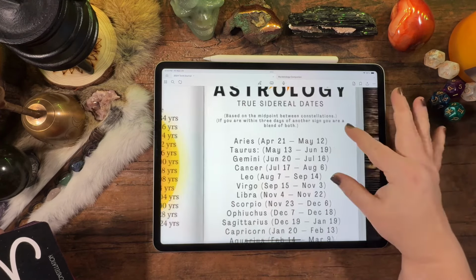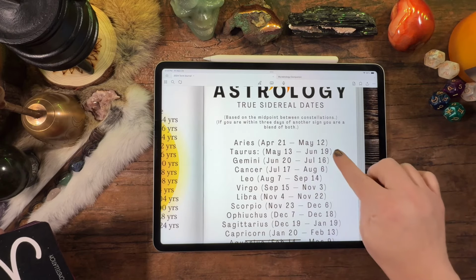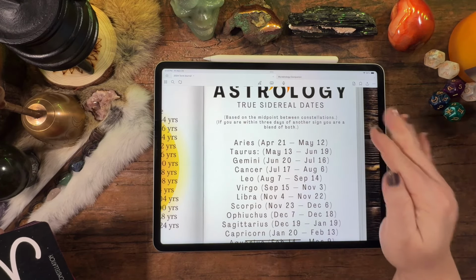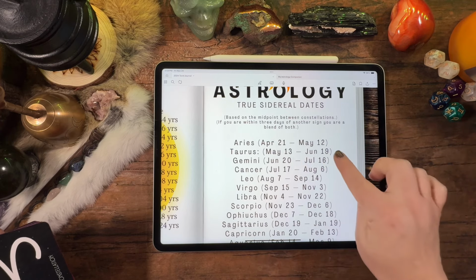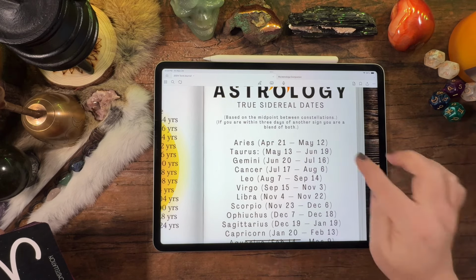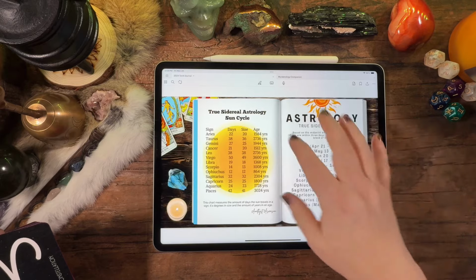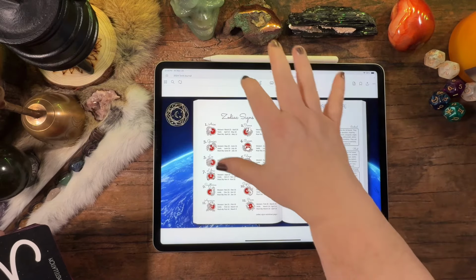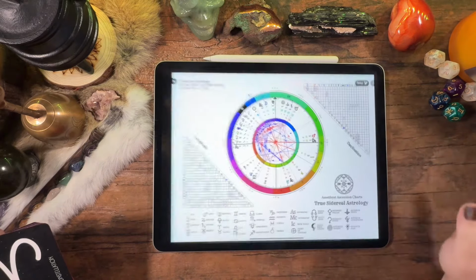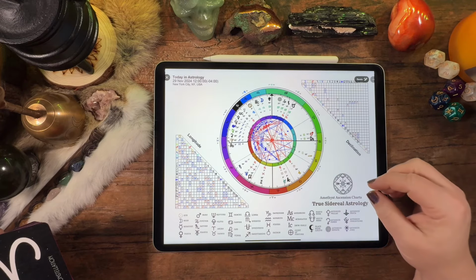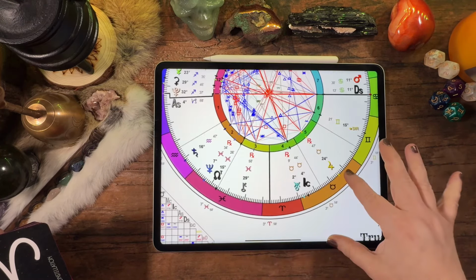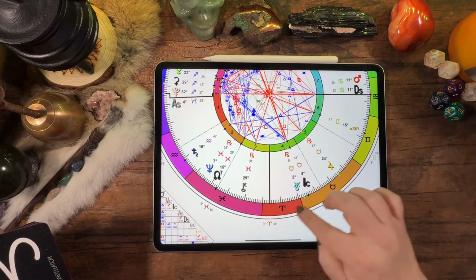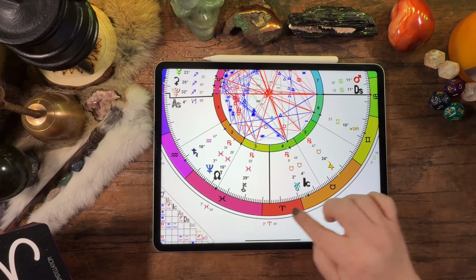And in true sidereal, these are the actual days that the sun, using the midpoint calculations that I talked about, is in Aries, okay? And using the chart, if you're looking for Aries, right here is Aries. Right here, 20 degrees.